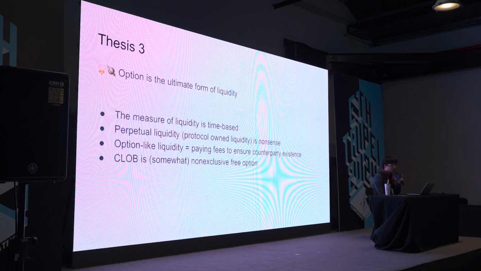How fast can you liquidate your position? So time is always a constraint. That's why we want to make the liquidity provision from our users in Dyson Finance more like option-like liquidity, because you know exactly the amount and duration you would like to provide liquidity, and you get a fixed profit upfront.